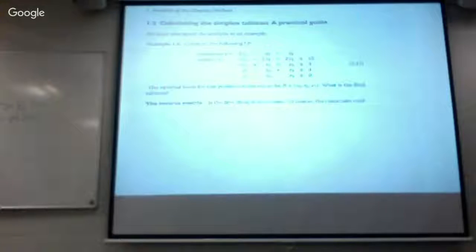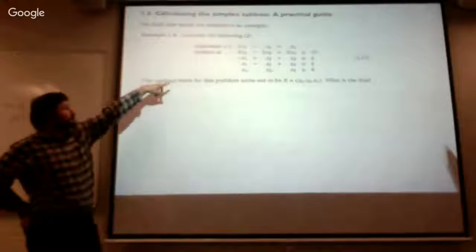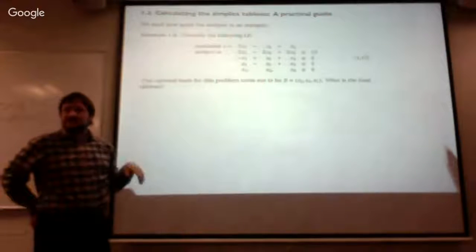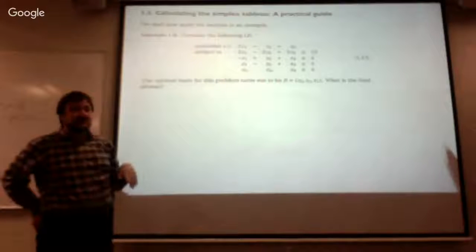Very quickly, let's have a look at the written example. So what this example is, we've got some LP like this. I'm not going to read all the coefficients.